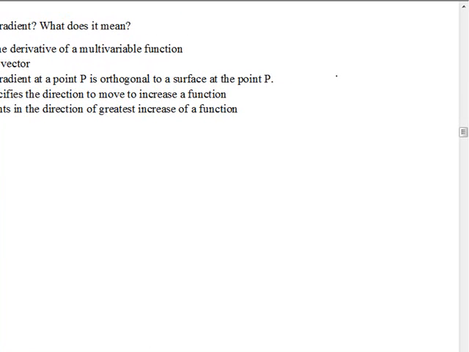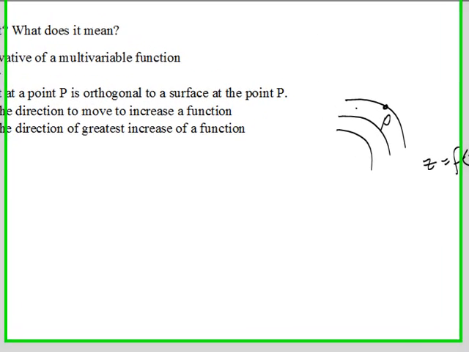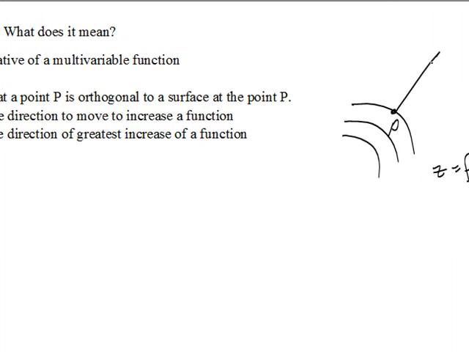So let us say these are the level curves of the function z equals f of x, y. And let us say that is the point P. The gradient is orthogonal to that surface. So it's orthogonal, it's a right angle. So this is del f. It's orthogonal, 90-degree angle.